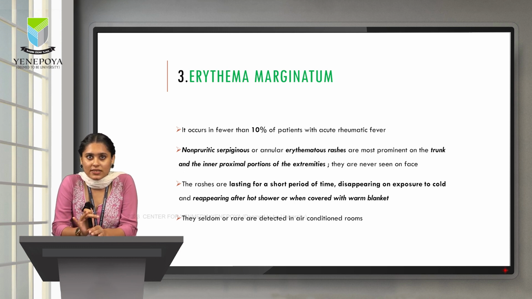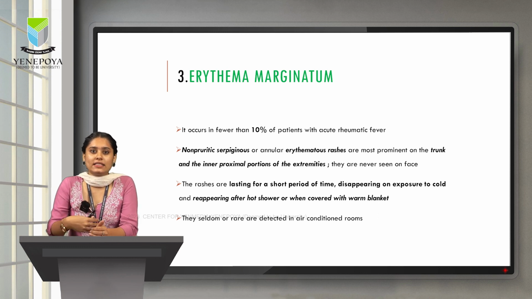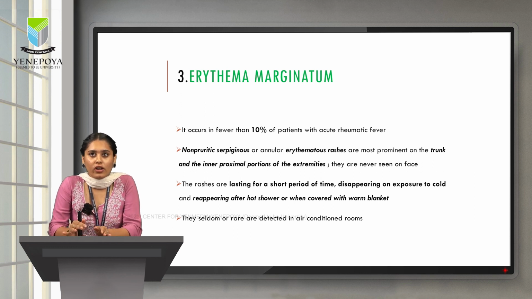There will be erythematous rashes which are prominent on the trunk, that is the thorax region, and the inner proximal portions of the extremities. In the proximal thorax region, you can see rashes present which are non-itchy.